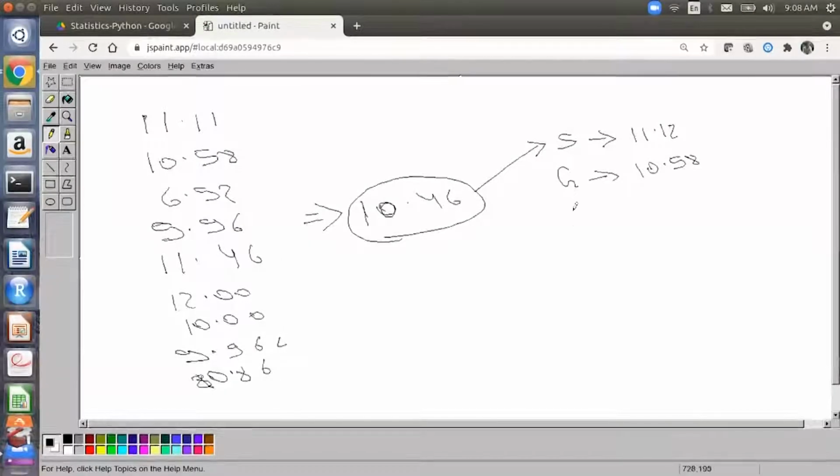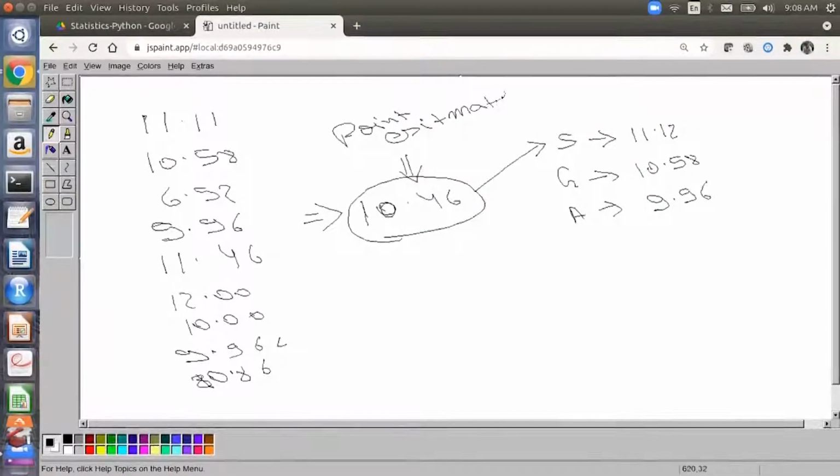I went to Ankita, your salary is 10.46 lakh. Ankita says, no sir, my salary is 9.96 lakhs. And this is a problem now, yes or no? Yes. This estimate which we have calculated is a mean value, and it is also called a point estimate.